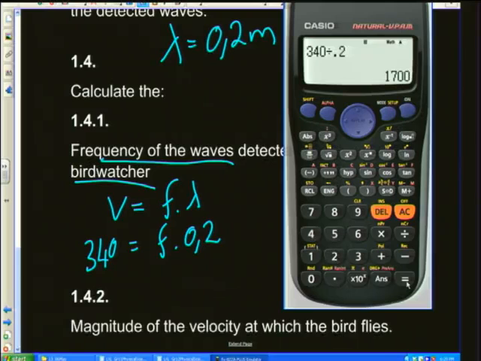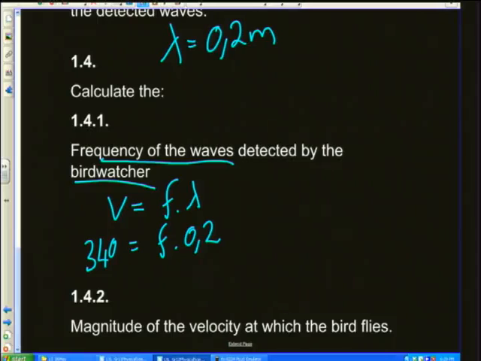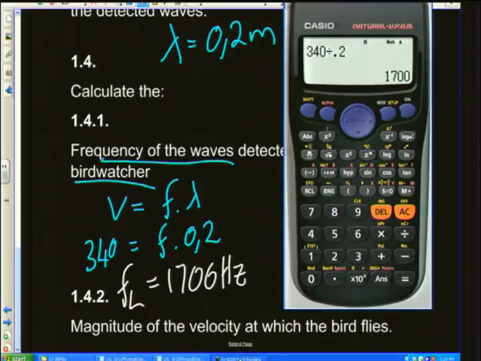So the observed frequency is 1700 hertz. Just make sure that it's right. Yes, I've got it.